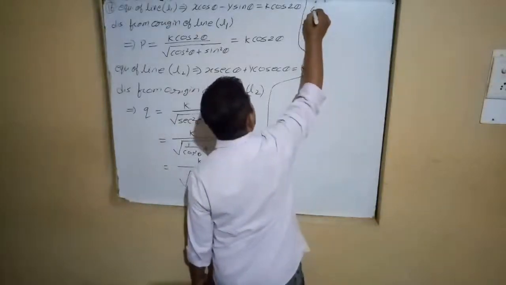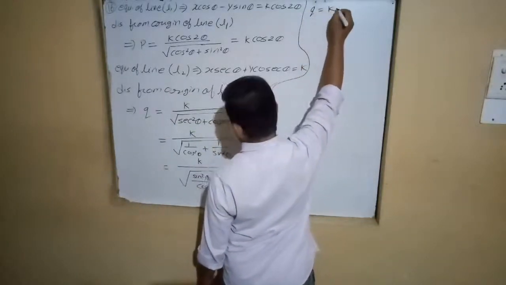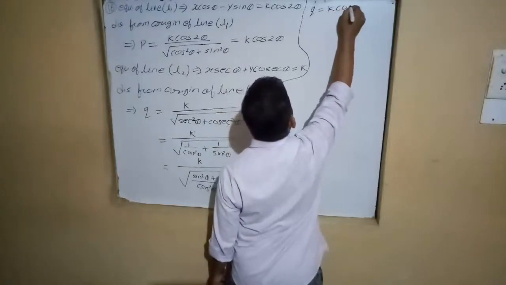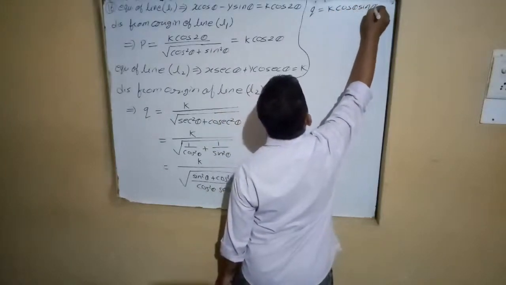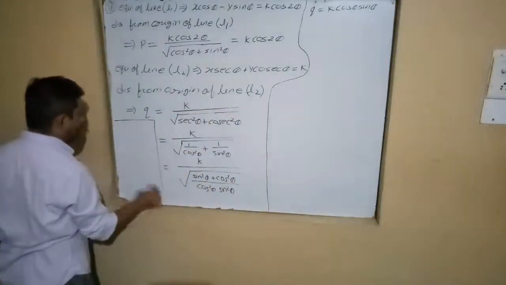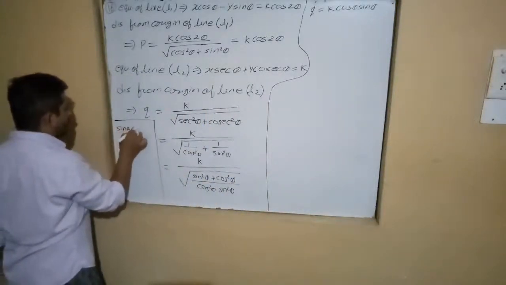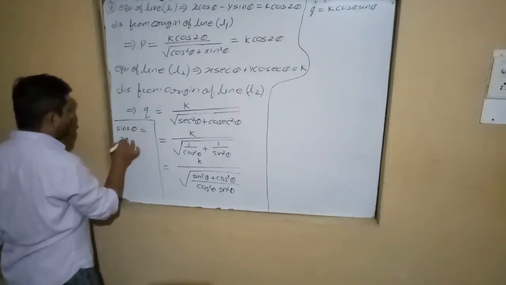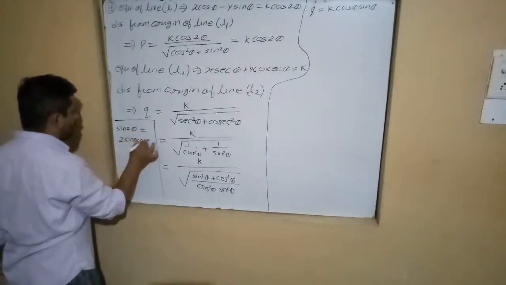Q is equal to k cos theta sin theta, and we know that sin 2 theta is equal to 2 sin theta cos theta.